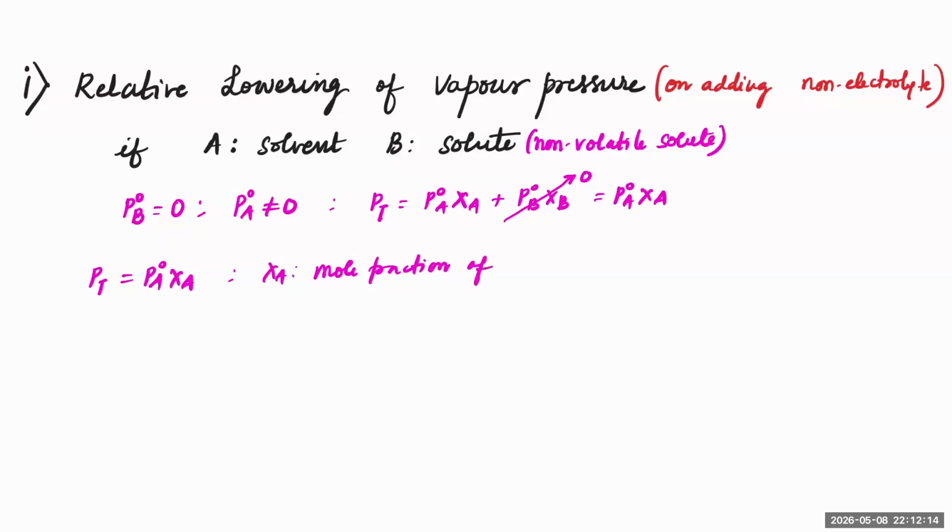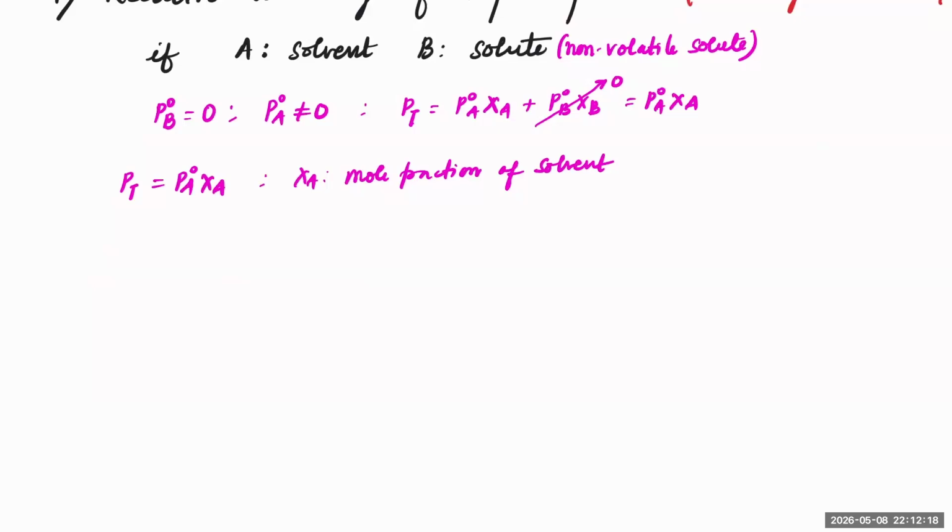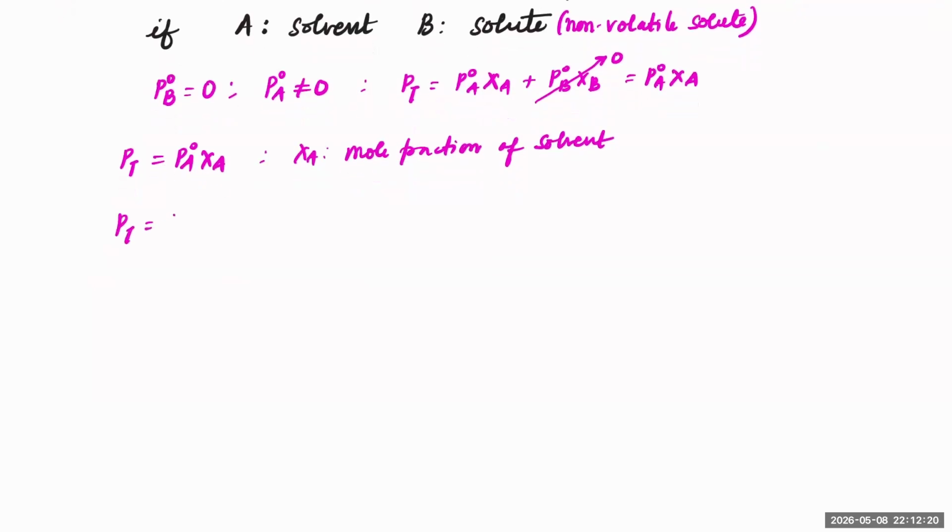Mole fraction of solvent. If I write that in terms of mole fraction of solute, what would I get? I'll get P naught A into 1 minus XB. So P total, I'll simply write as P of solution. PS, as in P of solution, is equal to P naught of the solvent minus P naught of the solvent into XB.